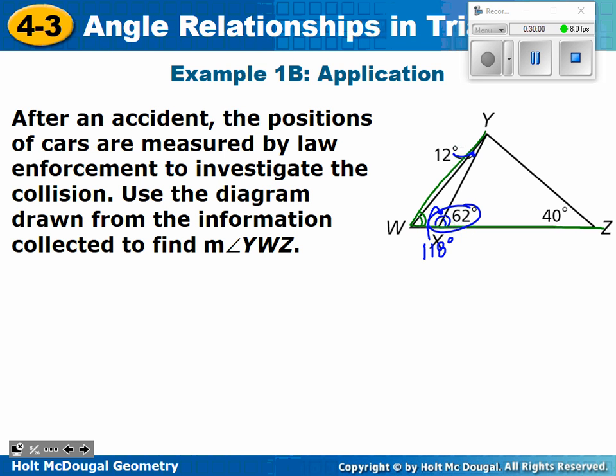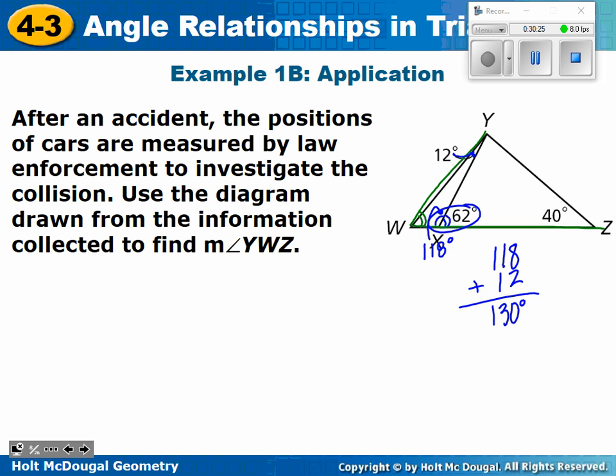This is 12. How do we find W? 118 plus 12. Okay, and what is 118 plus 12? 130. All right. And so if it's 130, what would I do to find angle W?